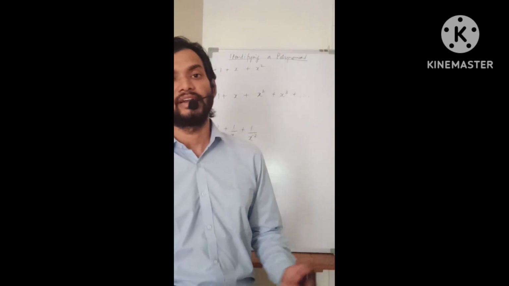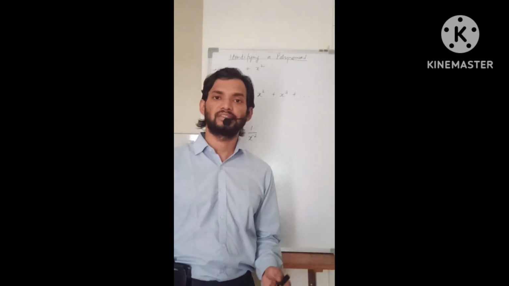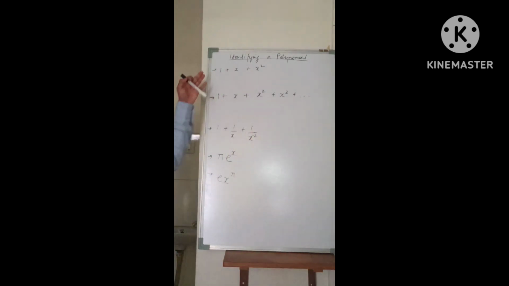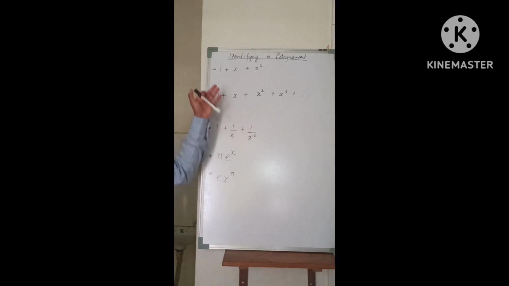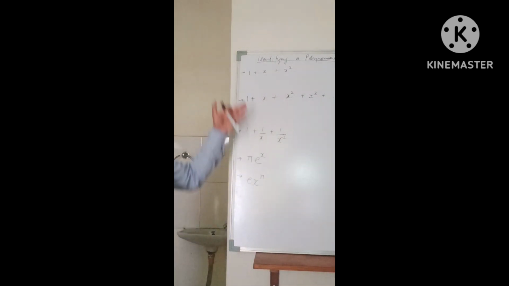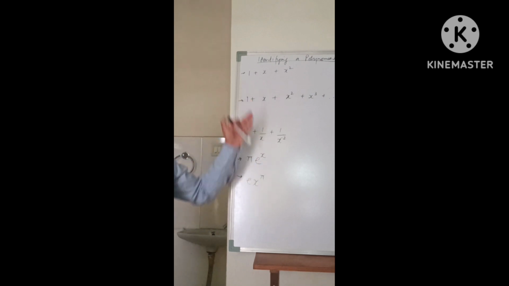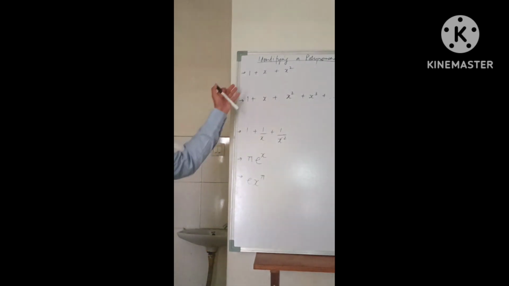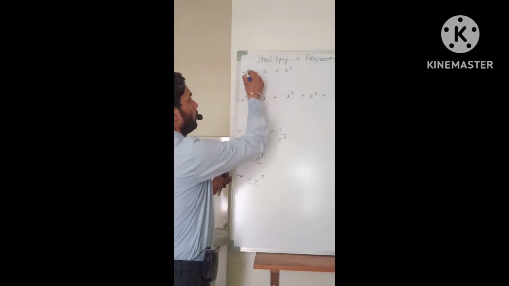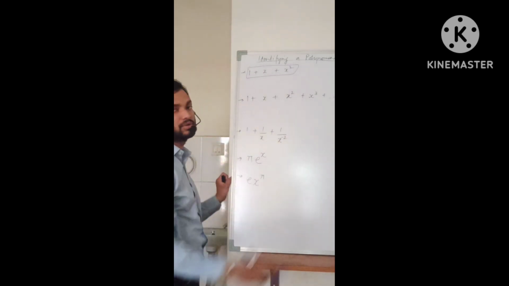Now moving to the next part, that is how we can identify whether a given expression is a polynomial or not. Suppose we are given these many expressions, so we will find which of these are polynomials and which are not. Let us begin with the first one. We have the expression 1 plus x square.